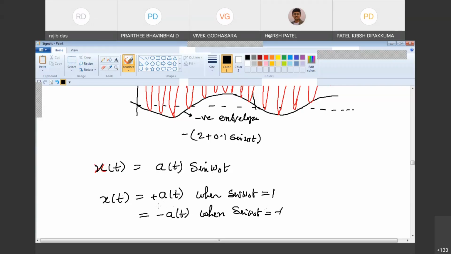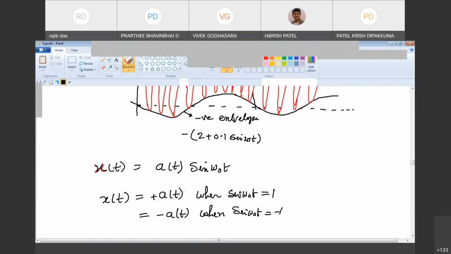In other words, when sine omega naught t attains the maximum value, the resulting signal will touch this a(t) only, and when it has the minimum -1 value, x(t) will touch minus of a(t).